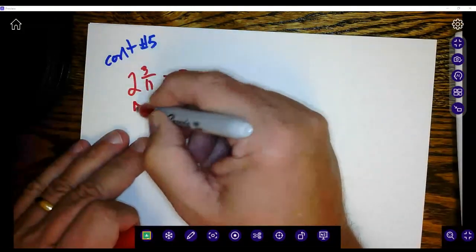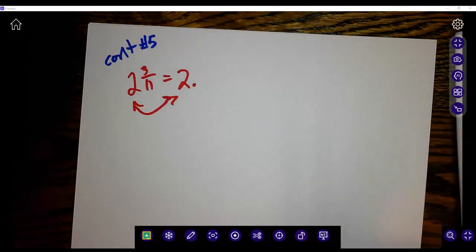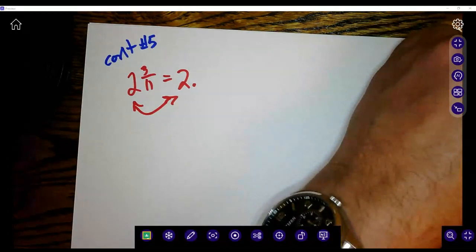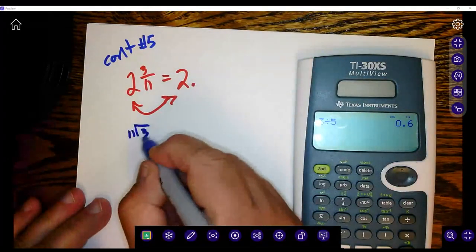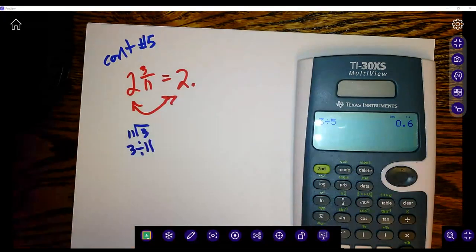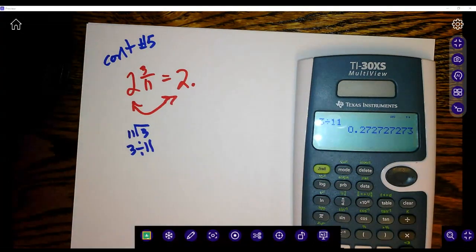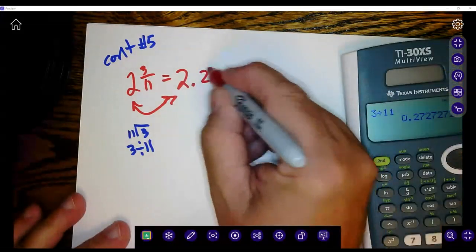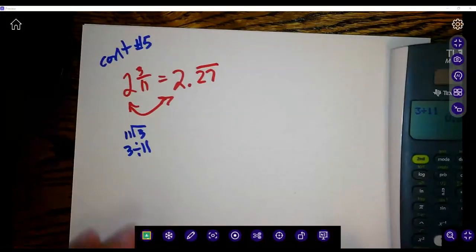This whole number part means that's the part in front of the decimal. Then we do the fraction part and we divide 11 into 3, or we punch in our calculator 3 divided by 11, and we get 0.2727272727, etc. So I would have that.